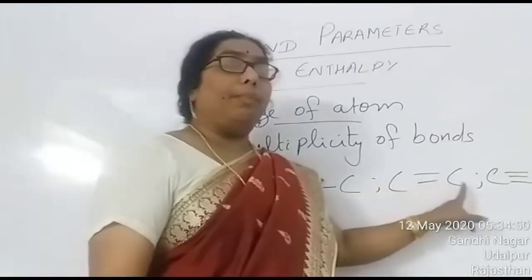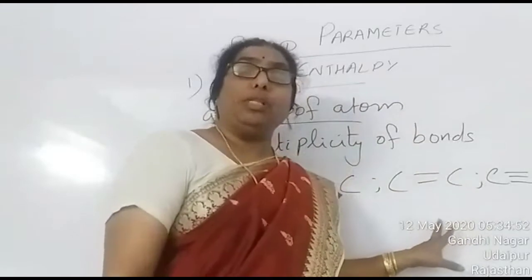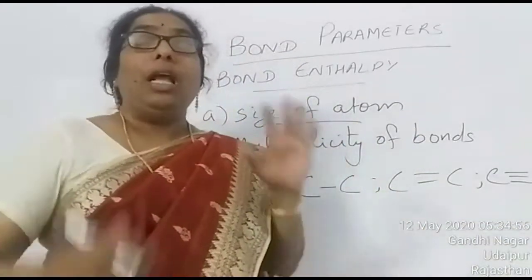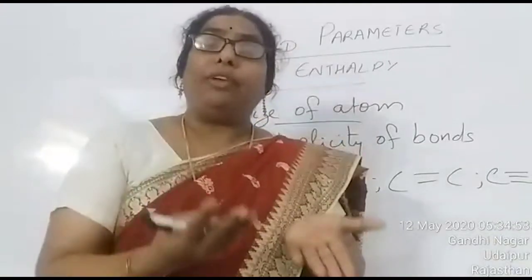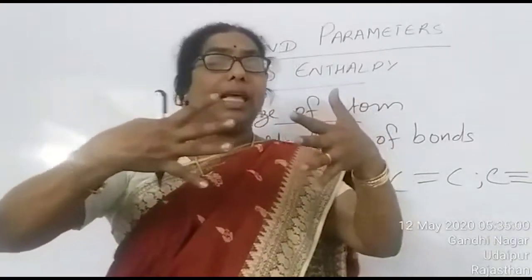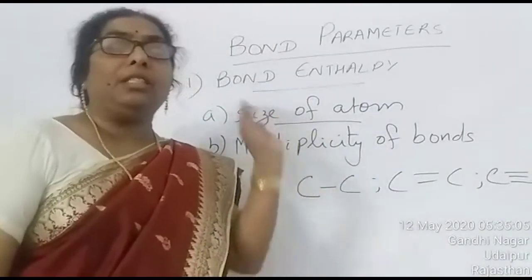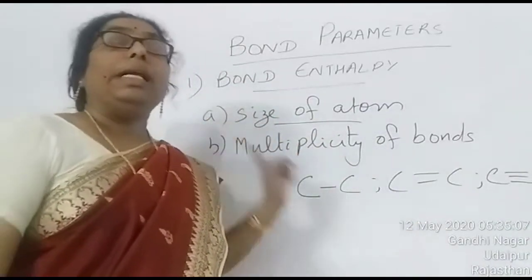In C double bond C, 2 pairs of electrons are involved, and in C triple bond C, 3 pairs are involved. As the number of shared pairs of electrons increases, obviously the attractive force between 2 atoms increases, and hence bond enthalpy also increases.